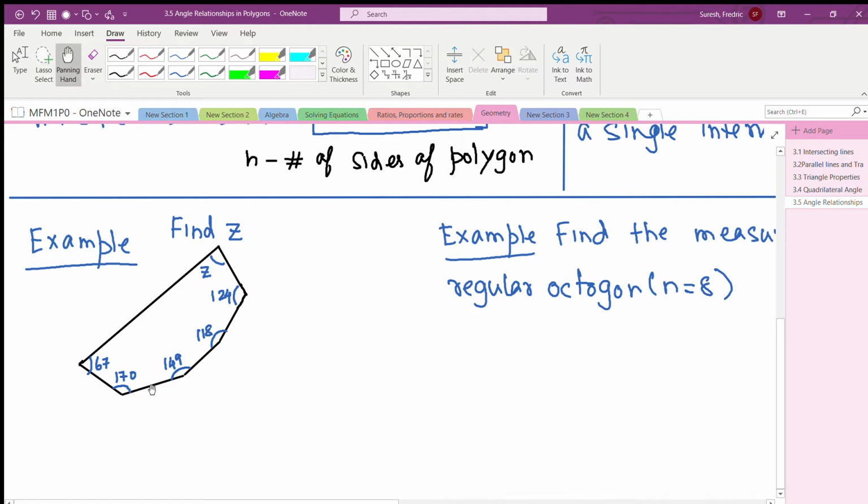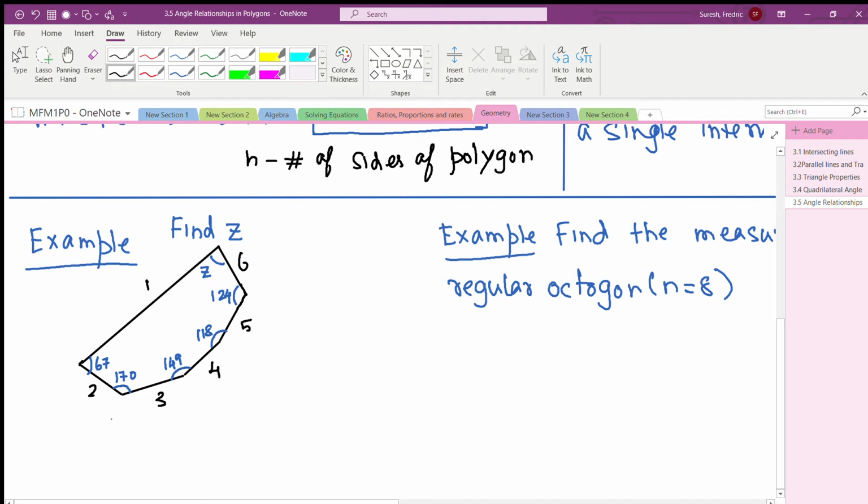In this example that you see, we have to find Z. Now, let's first count how many sides we have here. We have 1, 2, 3, 4, 5, 6 sides. So it's a hexagon. It is not a regular hexagon; it is an irregular hexagon.